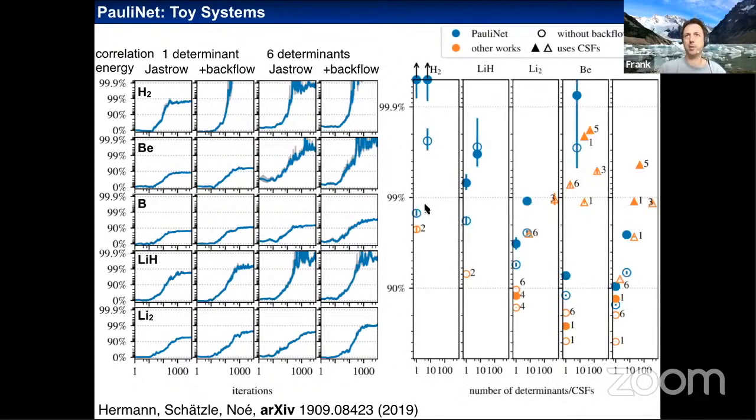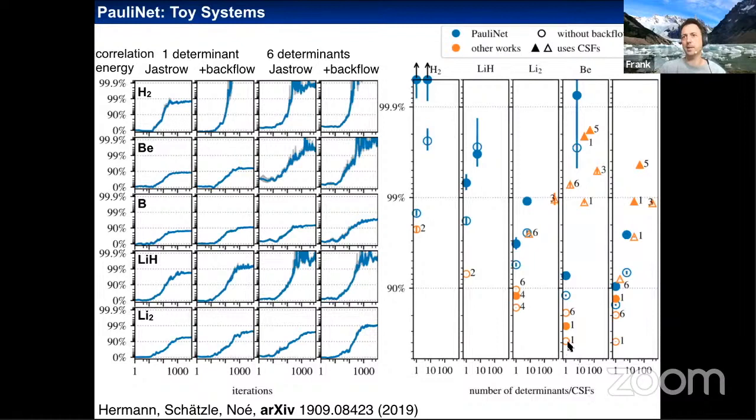So comparing to other quantum Monte Carlo approaches, this is how we compare. What we plot here on the x-axis is the number of determinants. Some of these methods are not using single determinants, but they use configuration state functions. Configuration state functions are groups of determinants that are varied together.